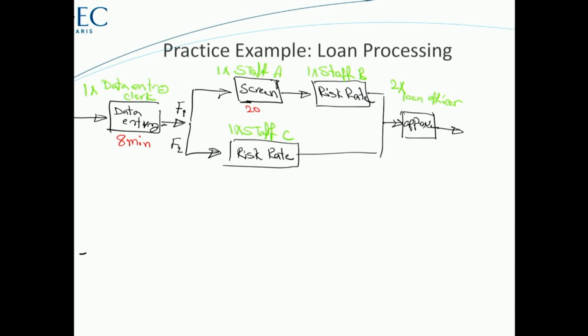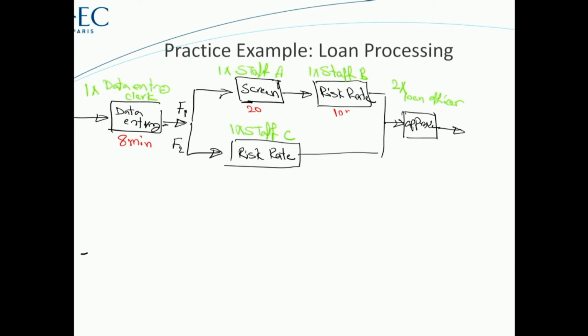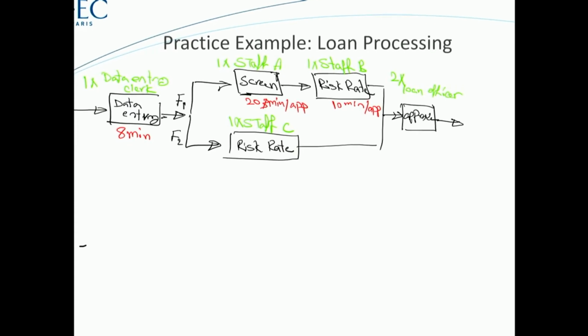For Staff B, it's going to take 10 minutes per application. It's very important that we put the units here as well. For risk rating F2s, Staff C is going to take 15 minutes per application. And finally, the approval process is going to take 15 minutes per application too.